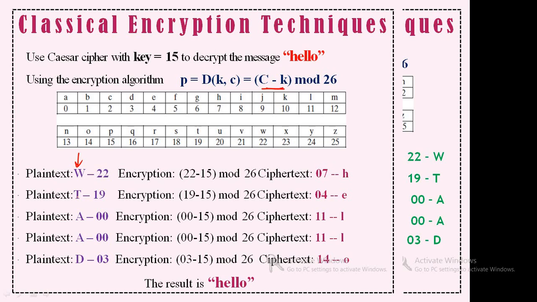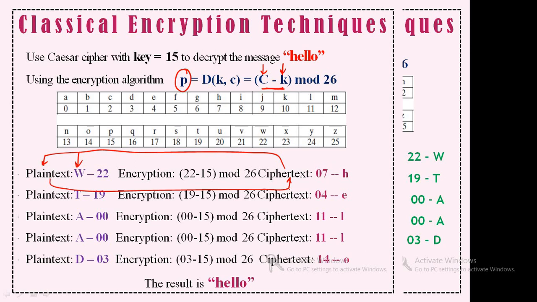The equation is that we are trying to find the message based on the cipher text and the key. This should be opposite actually; it's wrongly mentioned there. The cipher text is on the left hand side and the plain text is what we are trying to derive, because the equation suggests it that way.